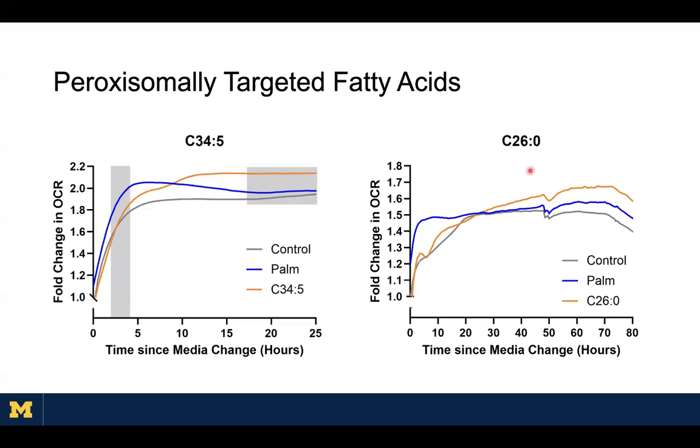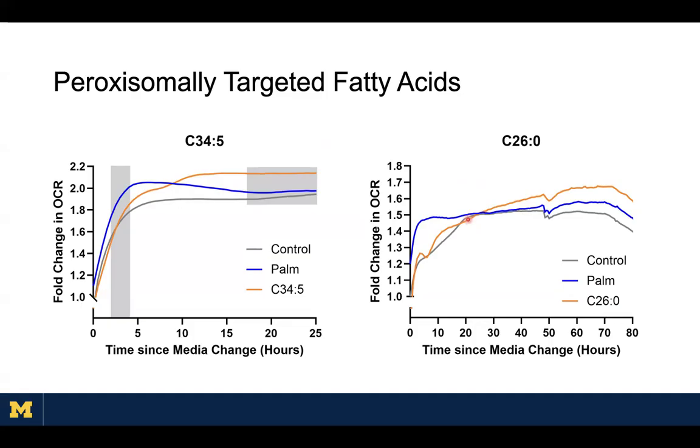It's not necessarily something that we anticipated because the C34,5 does kind of follow the same time course that we've seen in other ones. So I'd say that we haven't run the C26 quite enough times yet to see if this is actually a real trend that we're seeing, because the control line is also a lot more delayed than we typically see.